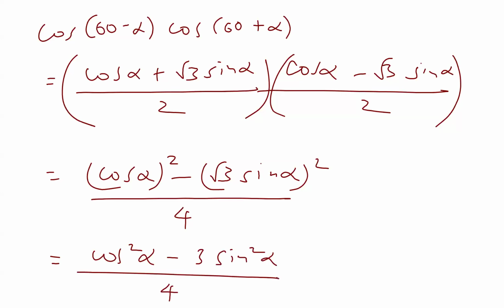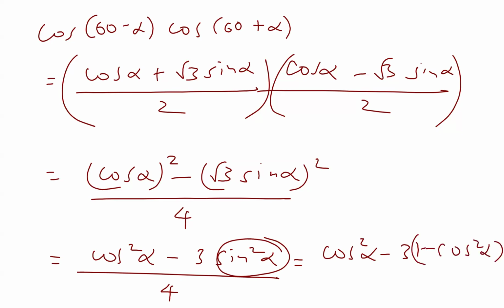Now for sin square alpha I'm going to write 1 minus cos square alpha as per the fundamental identity. The reason being, the right hand side of the problem has a cos term, so we'll convert everything into cos. Upon 4. Now I'm going to multiply 3 with the entire bracket.